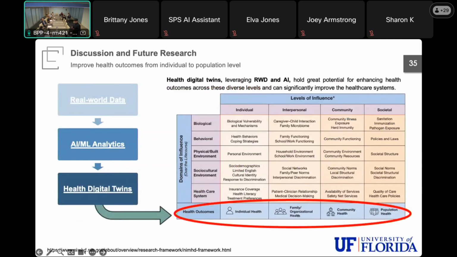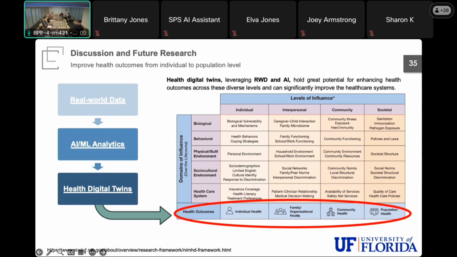And in the end, let's review the research framework provided by the National Institute on Minority Health and Health Disparities. This framework guides the NIH-funded research for health disparity research, but it's not limited to minority groups, but also applicable to the broader population.